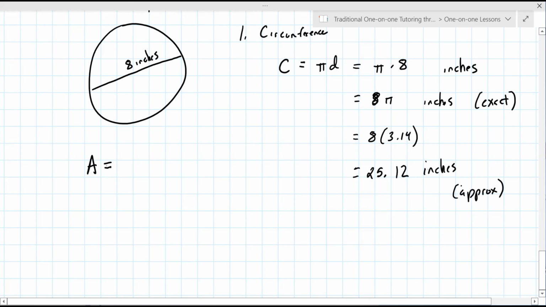Okay. Next thing, let's calculate the area of a circle. What is the area of a circle formula? Can you tell me that, please? What is its formula?